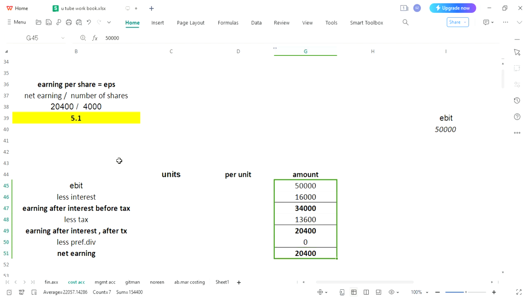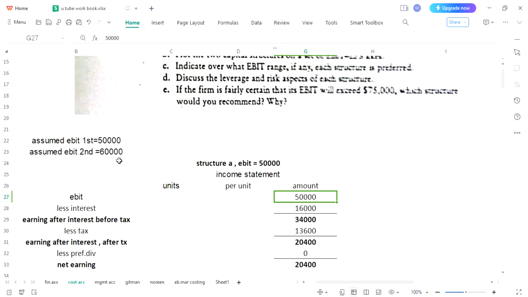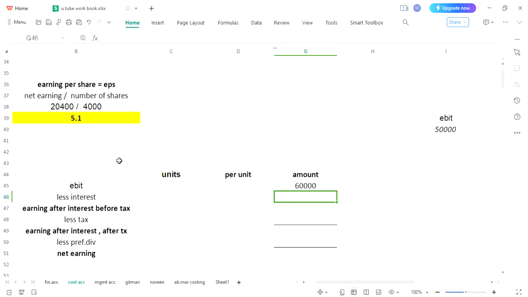As you know, the second EBIT which was supposed is 60,000. The amount of interest for 60,000 would remain the same. 16,000 was calculated, 1 lakh was the amount of debt, and you need to calculate 16%: 100,000 multiplied by 16 divided by 100.